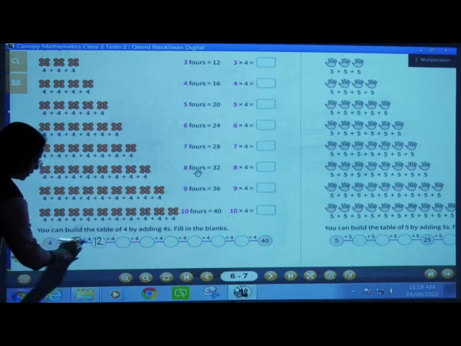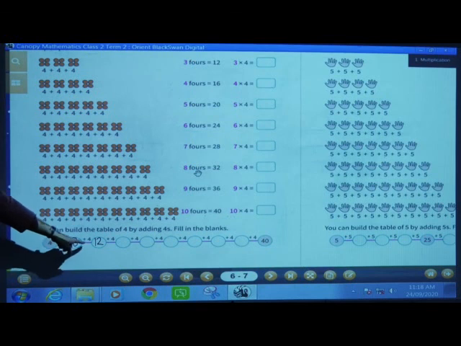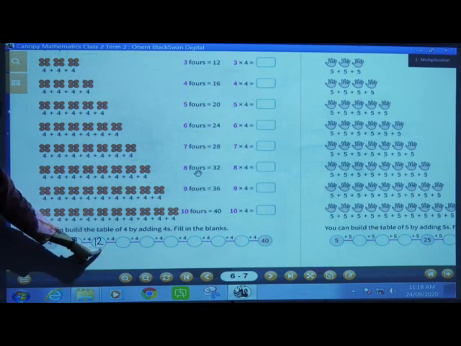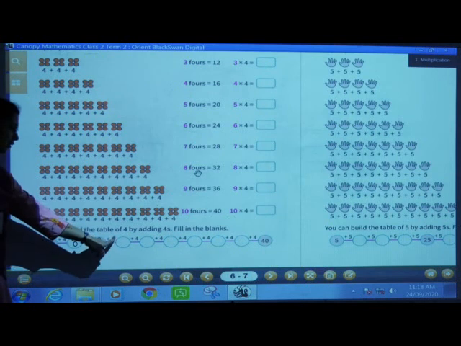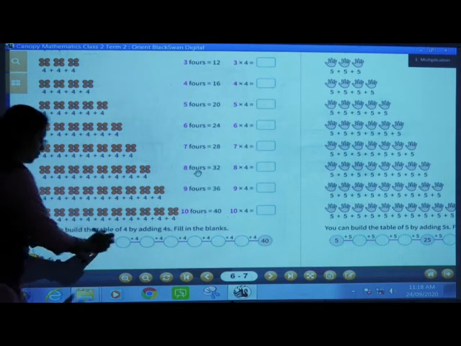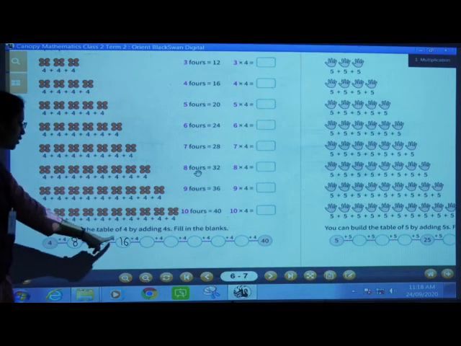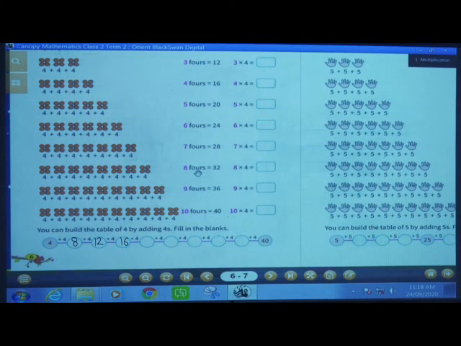Means 4 threes are, 3 times we have to add here 4. 1, 2, 3. Therefore 4 threes are 12. Again we have to add this 4 to this 12. What will we get? Correct. 16. 4 fours are 16.